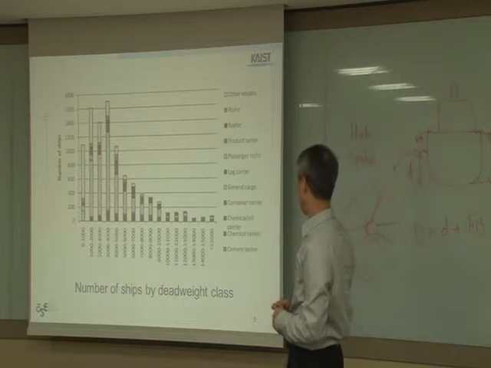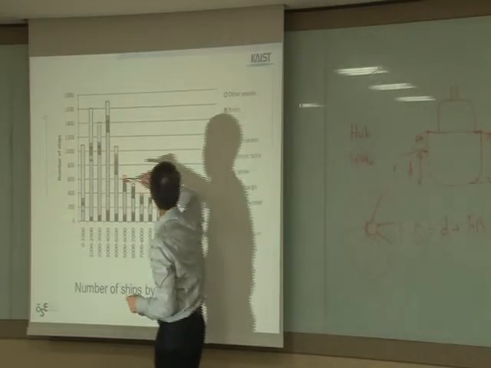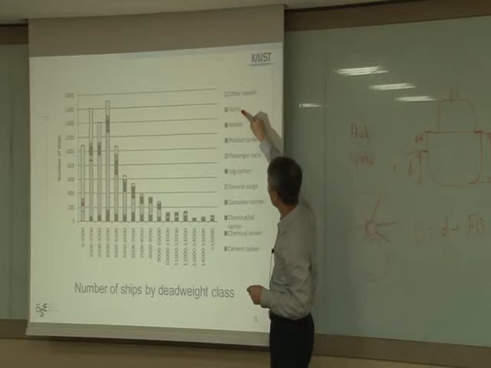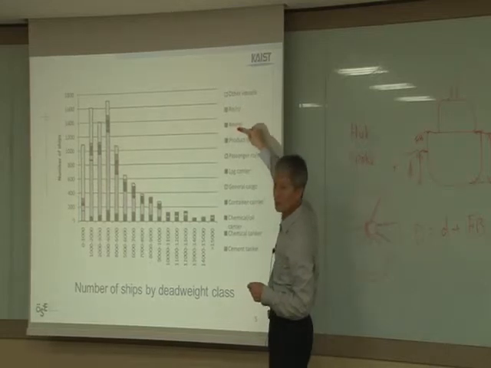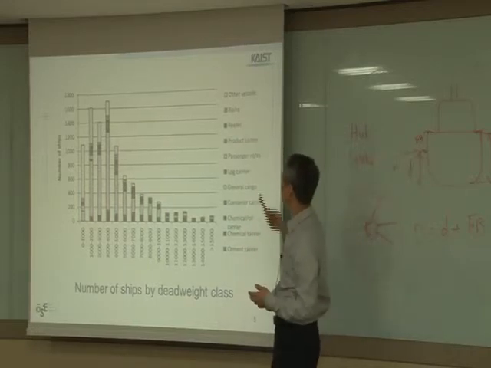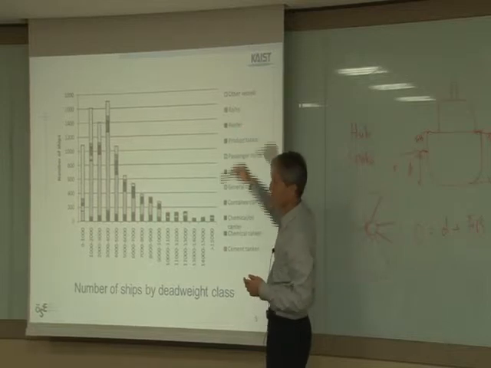Number of ships by deadweight class in short sea shipping. I want to show you the types of ships used there. Ro-ro. Reefer is a refrigerator, so icing, cold cargoes. Product tankers are tankers.